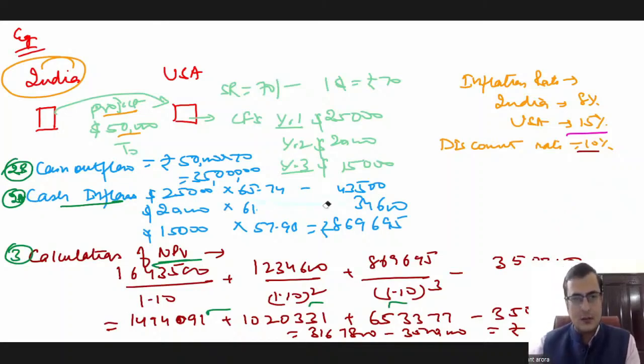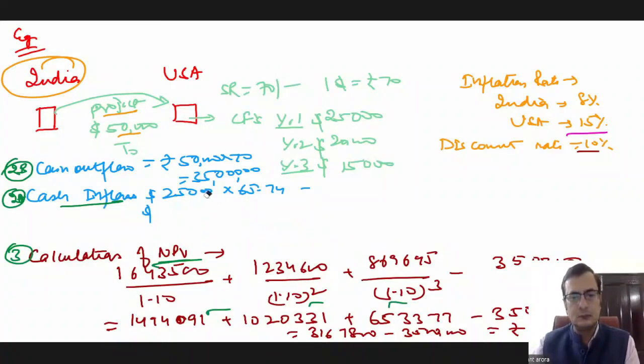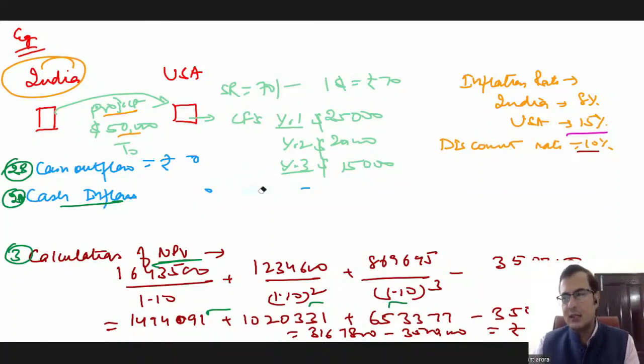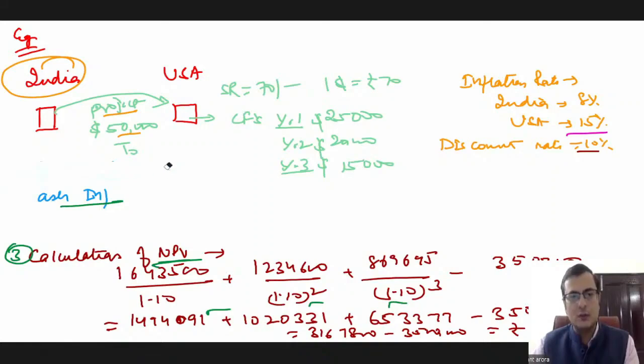This will also not be required. And the conversion of those cash flows into INR, that is also not required. So 2A, 2B will not be required. NPV will be required, but in a different manner.